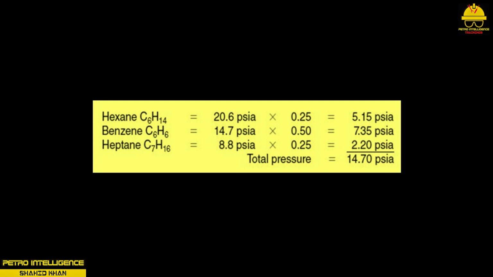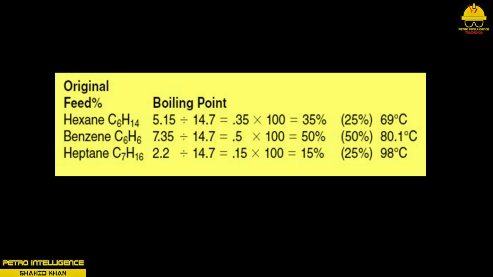This information also illustrates that the chemical with the highest volatility is hexane, C6H14, which has a boiling point of 69 degrees Celsius or 156.2 degrees Fahrenheit. Heptane has a boiling point of 98 degrees Celsius or 208.4 degrees Fahrenheit. Benzene has a boiling point of 80.1 degrees Celsius or 176.2 degrees Fahrenheit and represents the lowest percentage of the three components in vapor state above the tray.